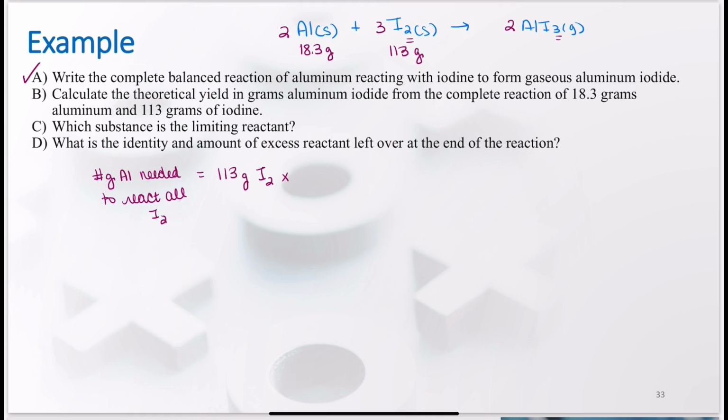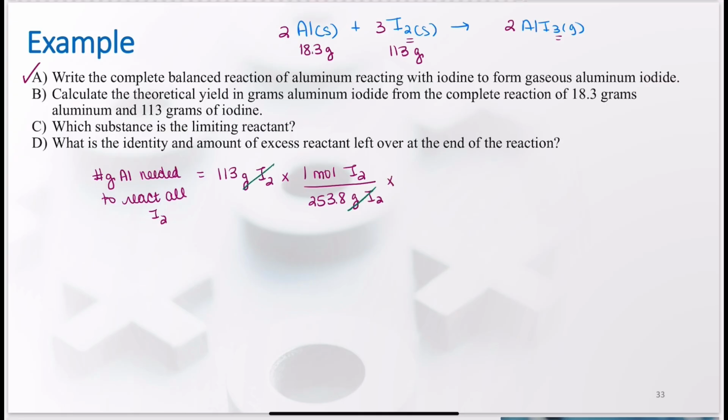Remember, a molecule of I2 does not weigh the same as an atom of aluminum. I2 is really an iodine molecule, iodine atom itself is a lot bigger than aluminum, and then you have two of them as well. So, when in doubt, convert to moles. It's probably the right step. 1 mole of I2 weighs 253.8 grams.